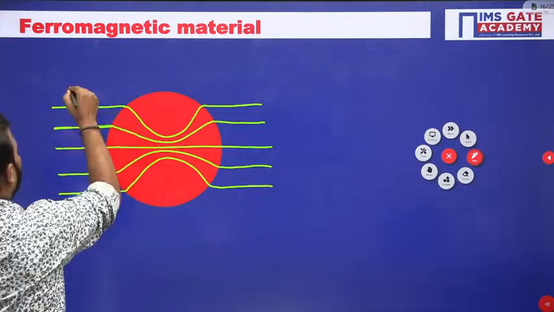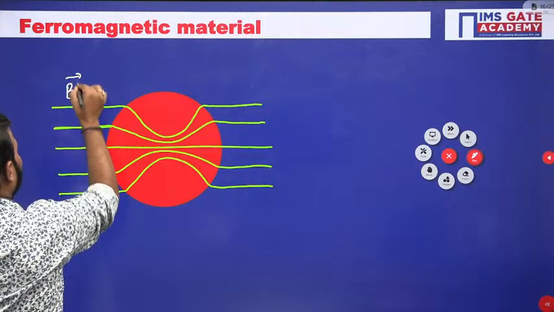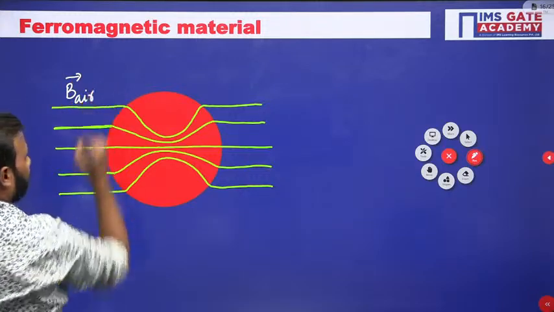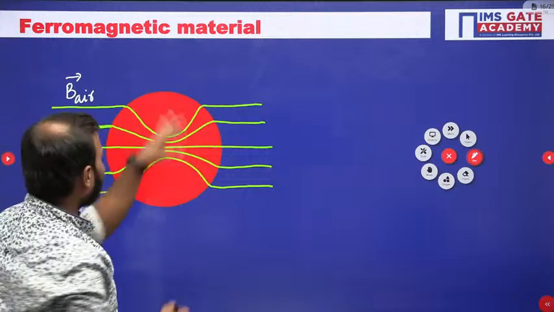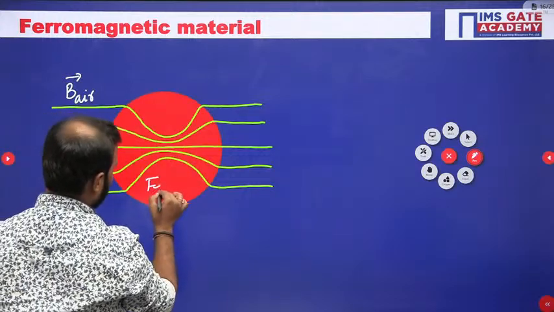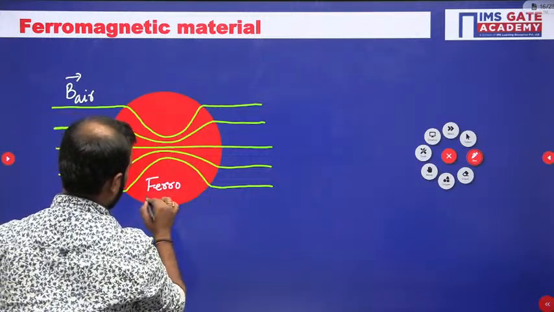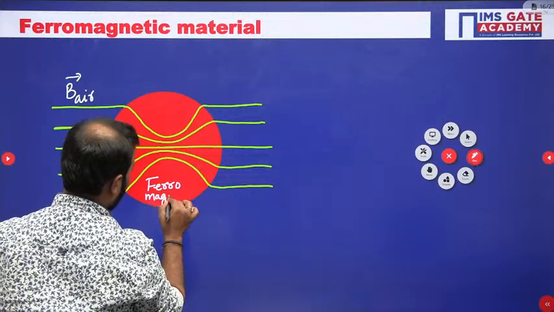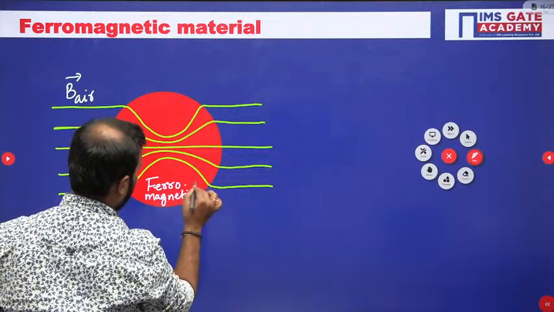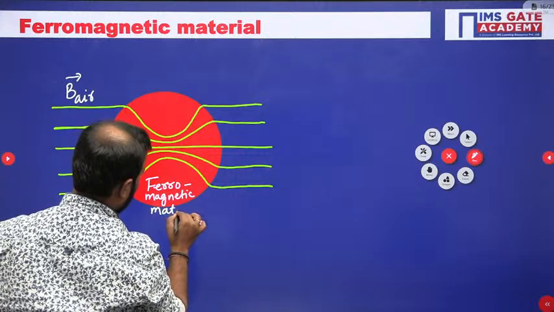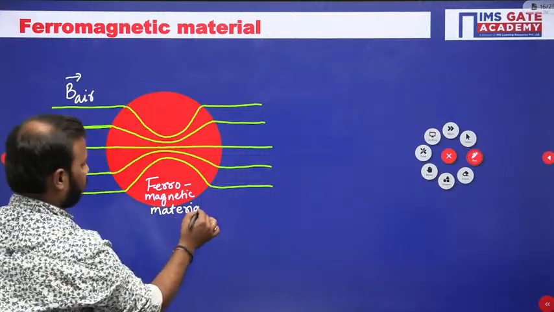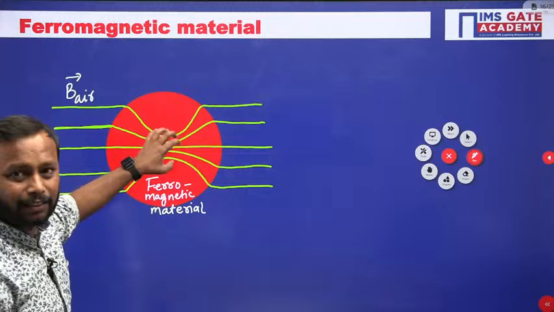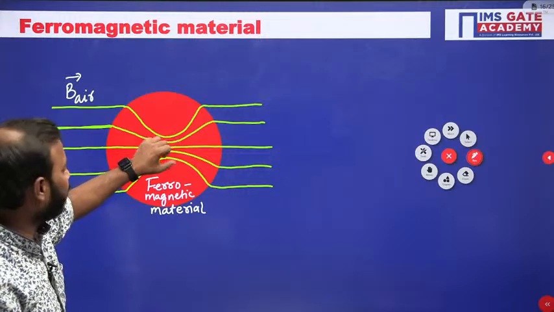So this is the magnetic field density in the air, and this is the ferromagnetic material, and if you see, the magnetic field lines are closely packed with each other.